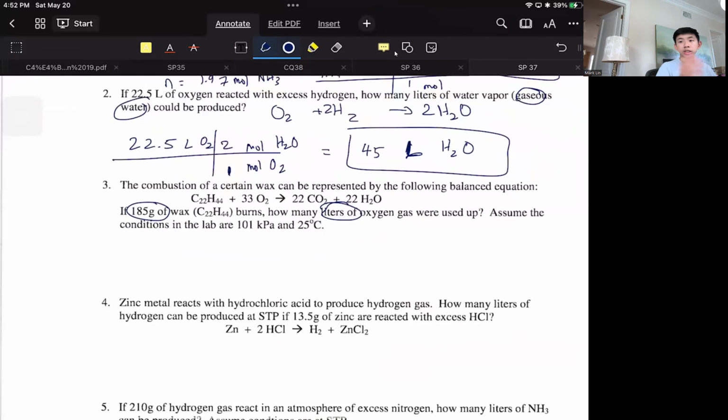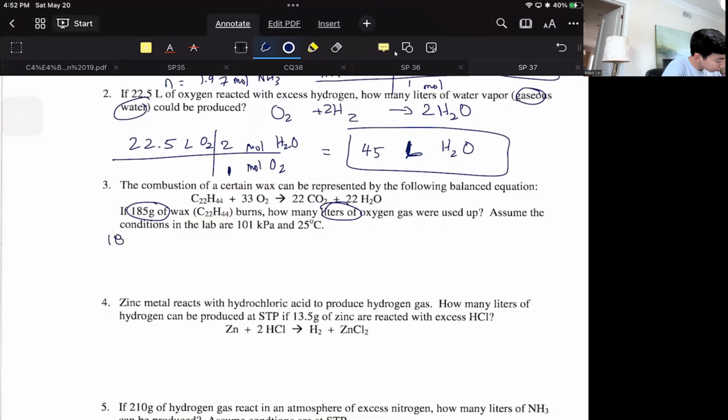From grams to liters, we need to use Gas Stoich and then PV=nRT. Actually, I don't think it matters too much which way you do it. But in this case, let's find out how many grams of O2 there were.